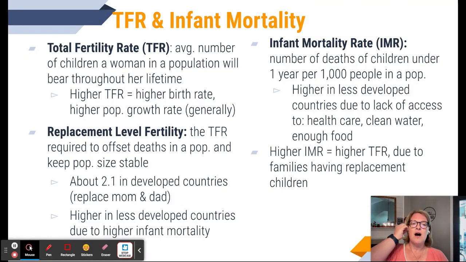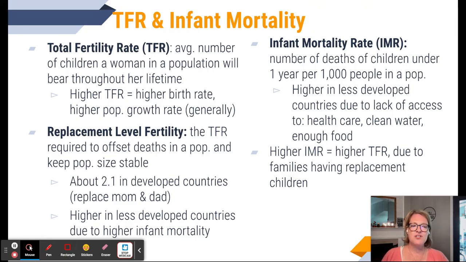Okay. And so countries, in order to stay stable, look at their adults having a replacement level fertility. This is the total fertility rate that's required to offset the deaths in a population.